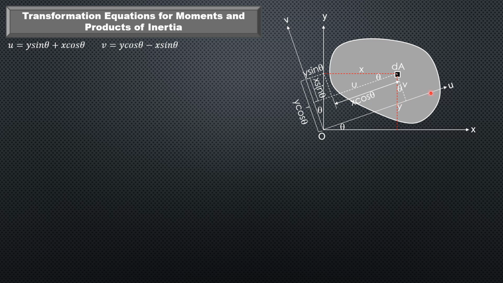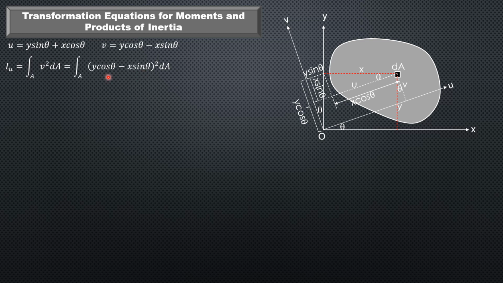Then moment of inertia with respect to the u-axis is equal to the integral of v squared dA. So Iu equals the integral of v squared dA over the area, and replace v by the quantity y cosine theta minus x sine theta, quantity squared, dA. And take note, we have here cosine squared theta times the integral of y squared dA, which is Ix.